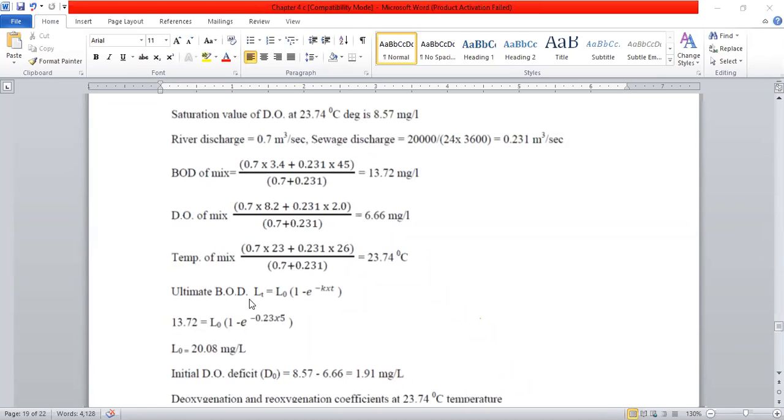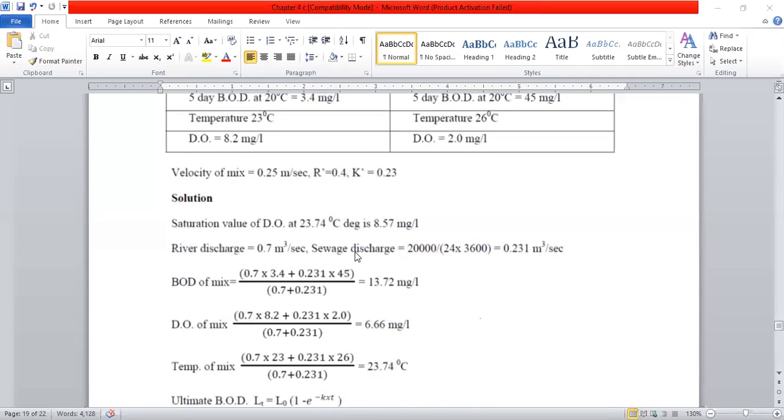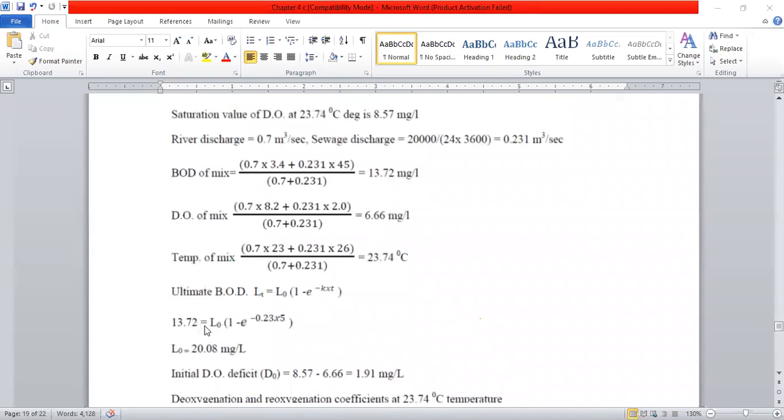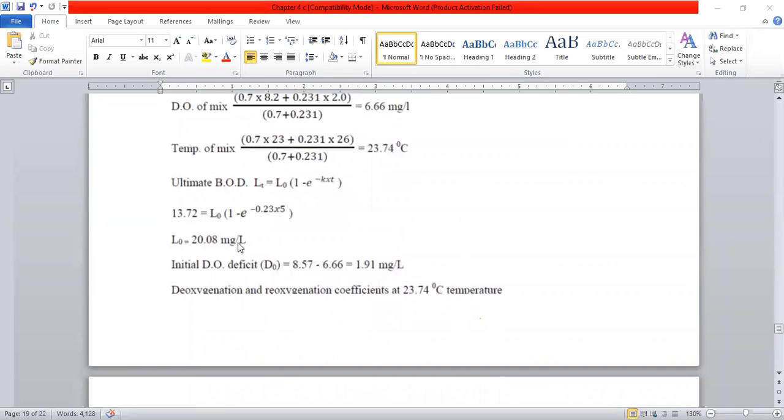It is calculated 13.72 is equal to L naught into bracket 1 minus e raised to minus k into t. Value of k is given to you, it is 0.23, and t will be 5 because we have written the formula for Y5. So from that L naught you can calculate as 20.08 milligram per liter. If you are finding a different answer, you can tell me. We will discuss. Okay.